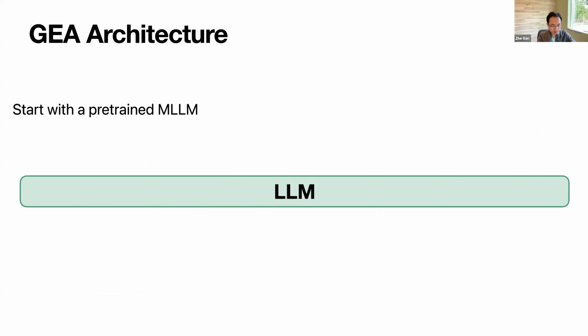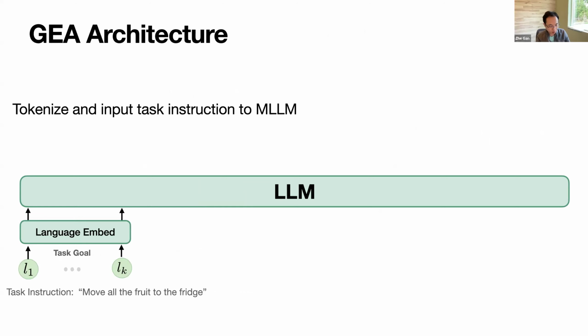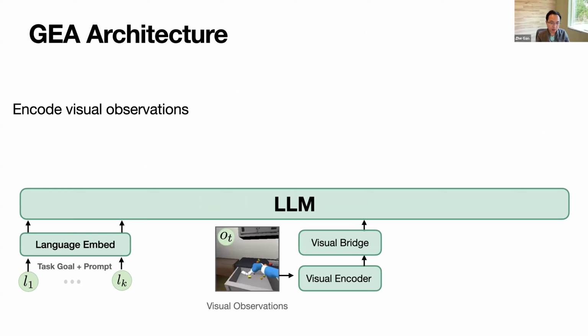Then how can we do that? Well, architecture-wise, it's simple. It's mainly about the implementation, how you can make it work. You have your language instruction as usual, and then you have your input observation. Now the observation is not a text-rich image or a natural image, but your visual observation.